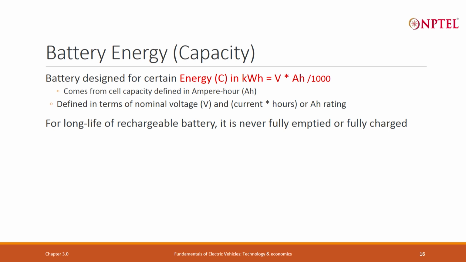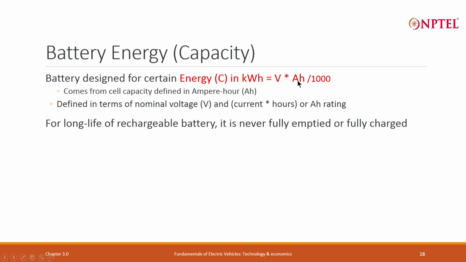The battery capacity in kilowatt hour depends on the voltage, what voltage it will operate at, and the ampere hour. Ampere hour is how much ampere for how much time, and you have to multiply that. The energy is therefore voltage into ampere hour, that will be watt hour. If you want it in kilowatt hour, you have to divide it by 1000. So, this is important, V into Ah divided by 1000.